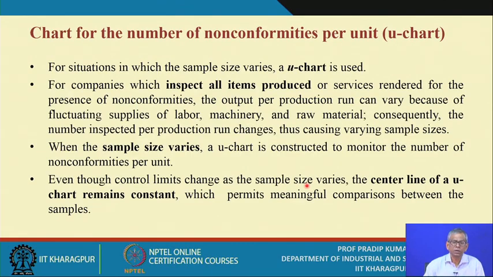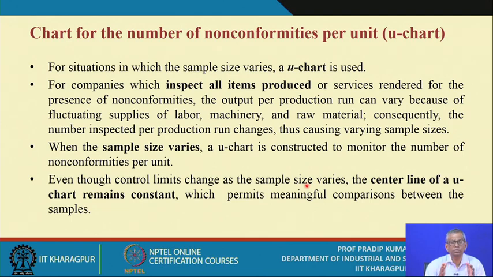Now when the sample size varies and you are trying to control the nonconformities or defects on a particular item, you move to the U control chart, which refers to the number of nonconformities per unit.